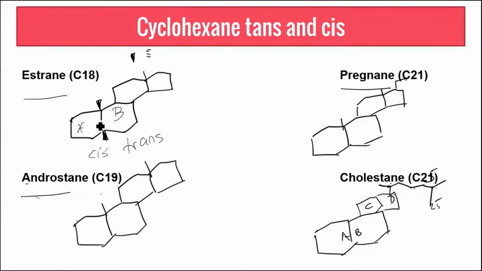Your cyclohexane conformers in both shapes, we'll do next time. But if I say cis, at least you should know that cis means both in the same plane. So either this or this. Both of them going below the plane would be your cis orientation. If I'm saying trans for androstane, for example, I would represent this and this. So that is your understanding.